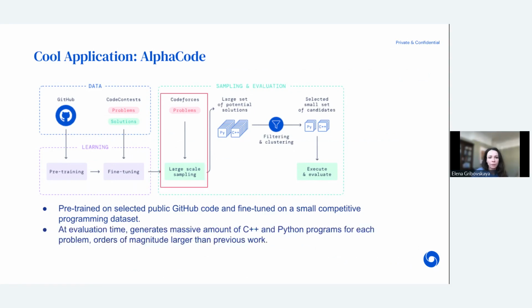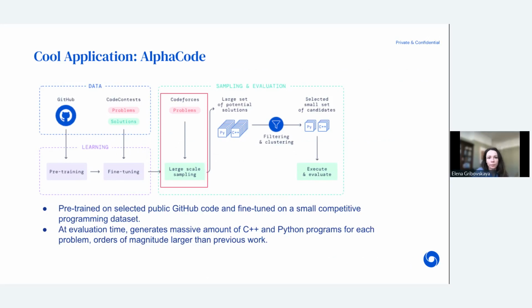At evaluation time, what is interesting here, a model generates a massive amount of C++ and Python programs for each problem. So effectively, it generates about a few million candidates for each problem.